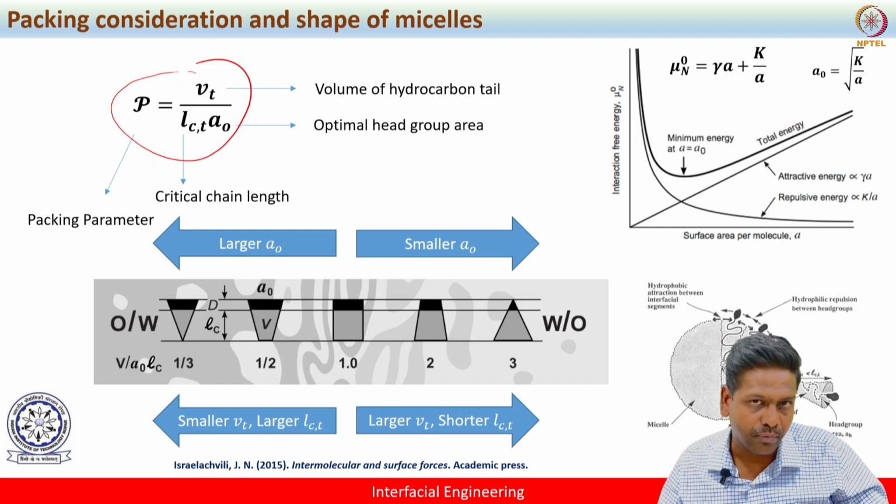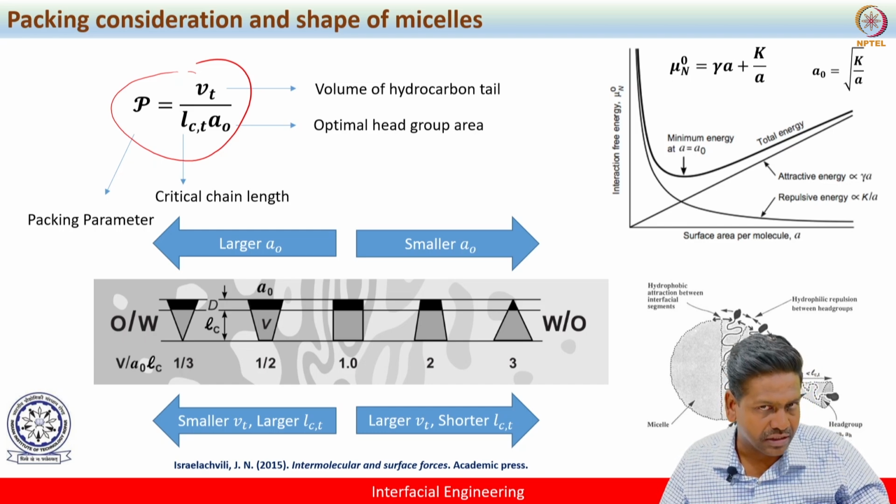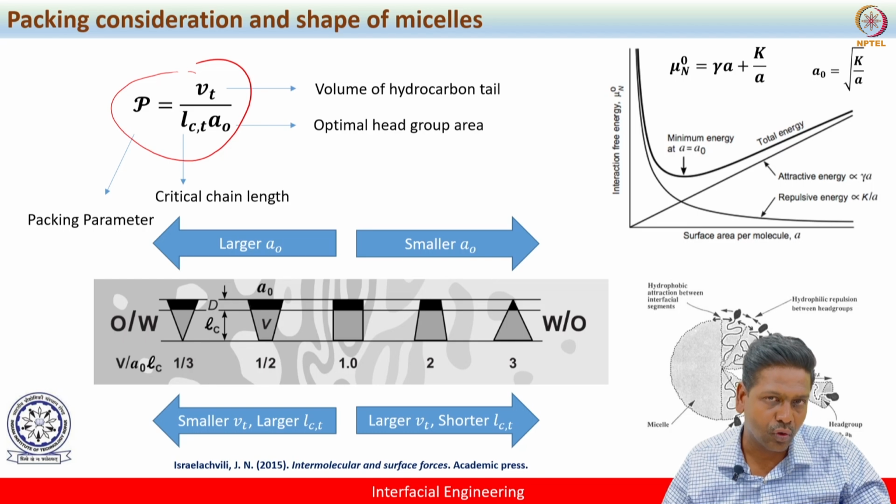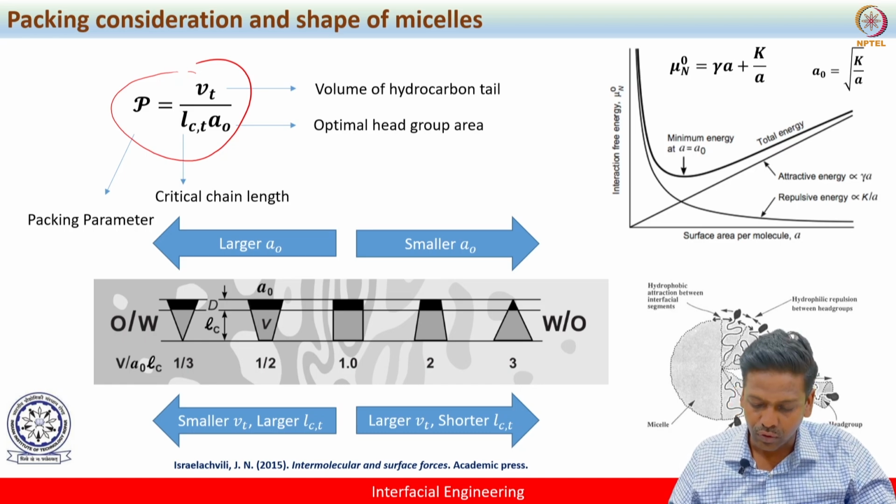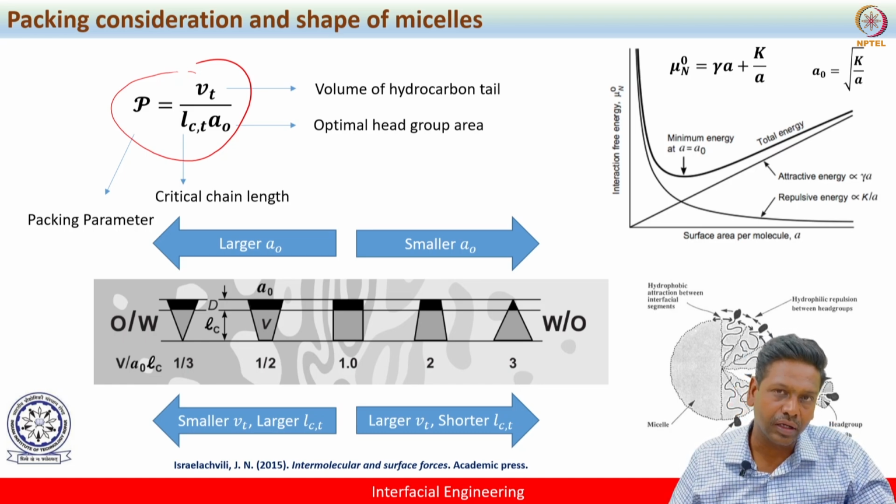For example, if your packing factor is less than or equal to 1/3, you can say that this micelle will only assume a spherical shape. In a similar way, you can also do this exercise to know whether, apart from the spherical shape, it forms a cylindrical shape.